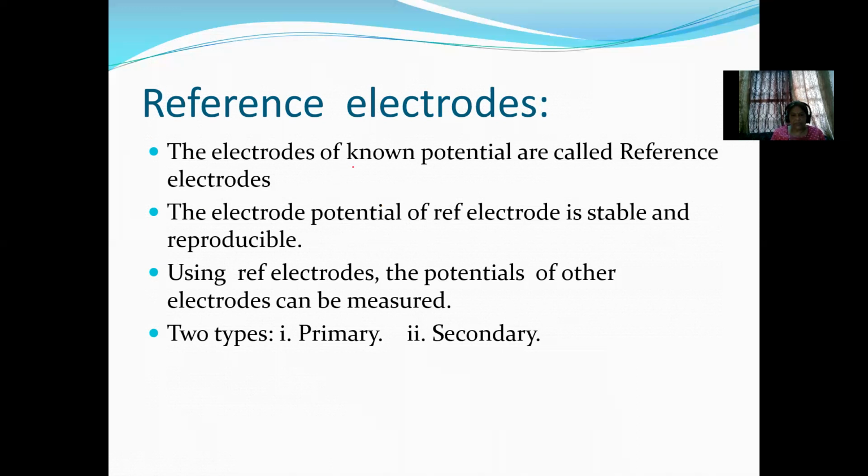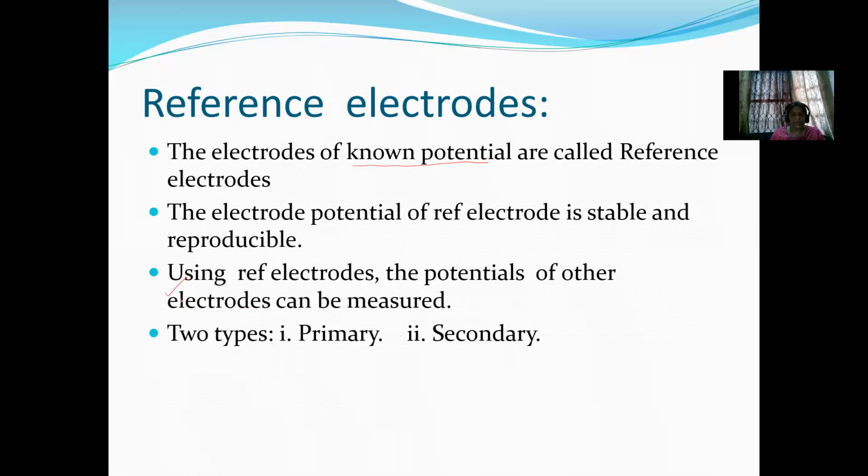So, electrodes of known potential are called the reference electrodes. The electrode potential of a reference electrode is stable and reproducible. Using reference electrodes, the potentials of other electrodes can be measured. This is the real application of the reference electrode.